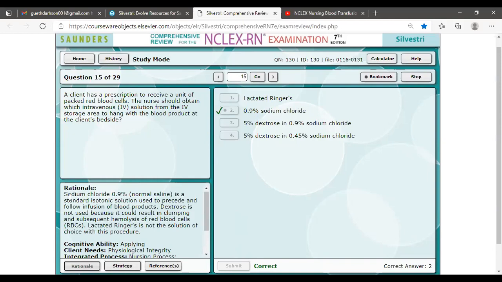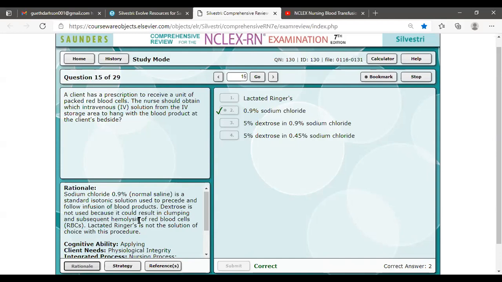Let me read their explanation. Sodium chloride 0.9%, called normal saline, is a standard isotonic solution used to precede and follow infusion of blood product. Dextrose is not used because it causes clumping or subsequent hemolysis of red blood cells.